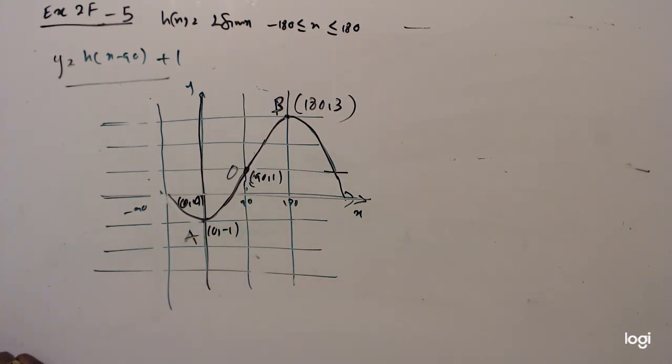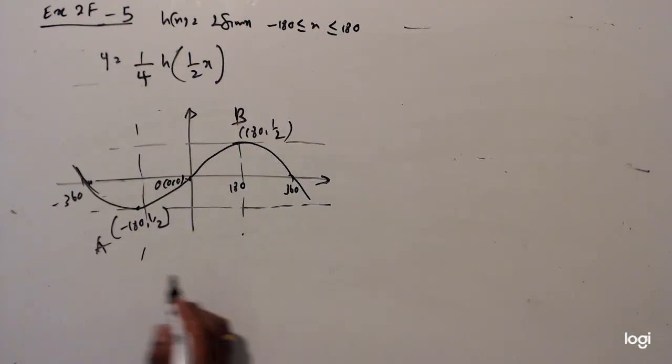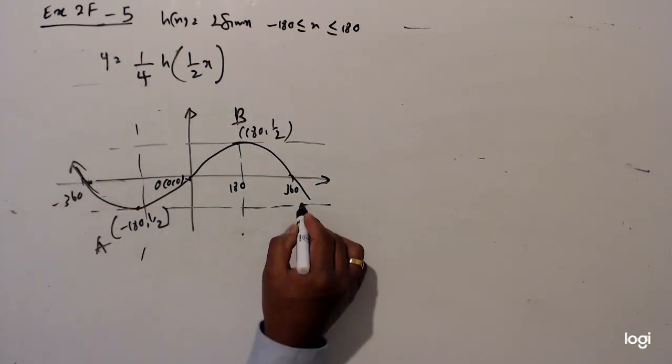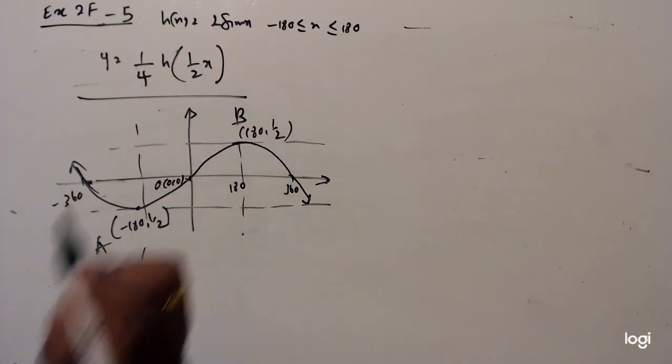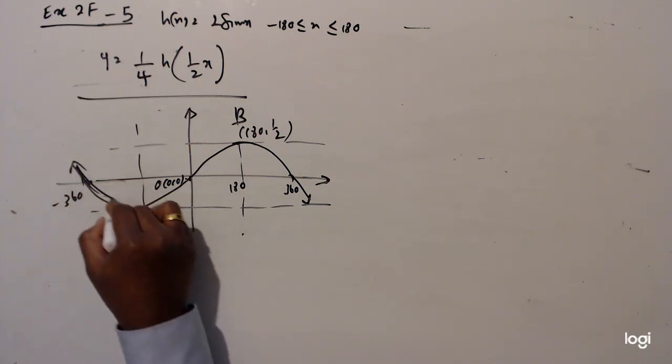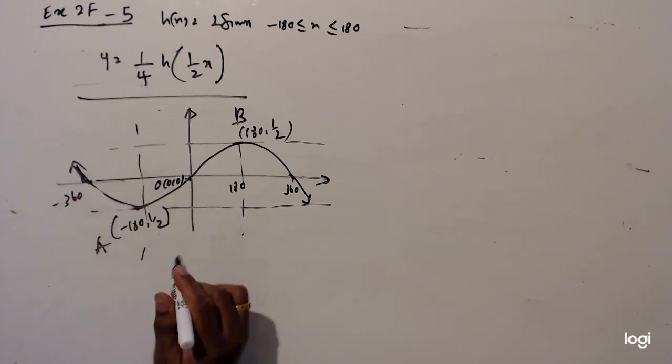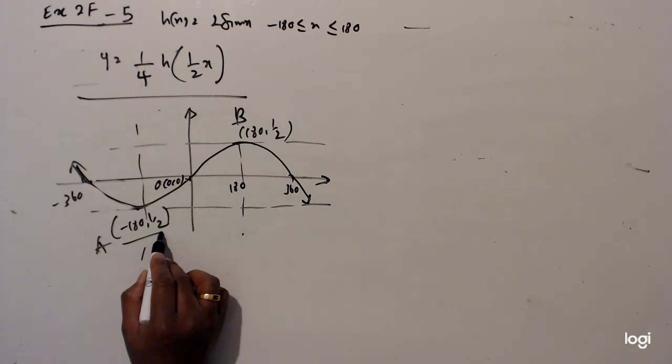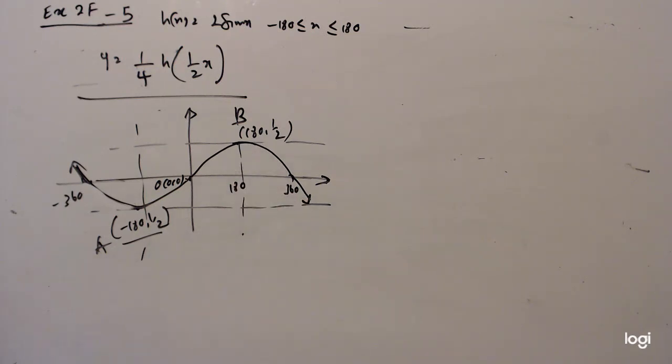So this one, y equals one over four half x. A is minus 180 half, and this is 180 half, and 0, 0 as it is.